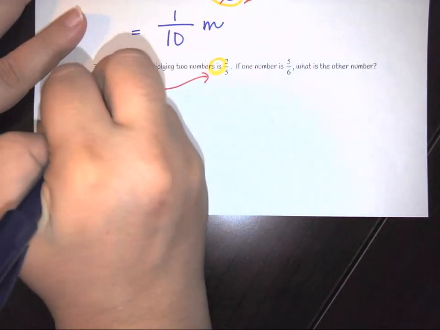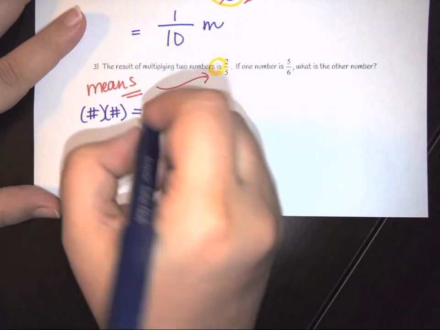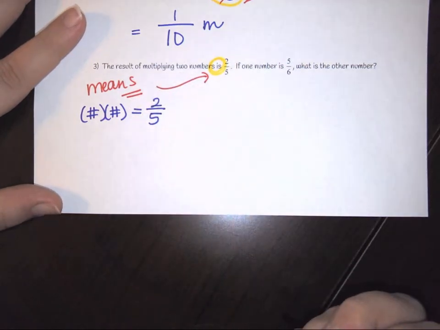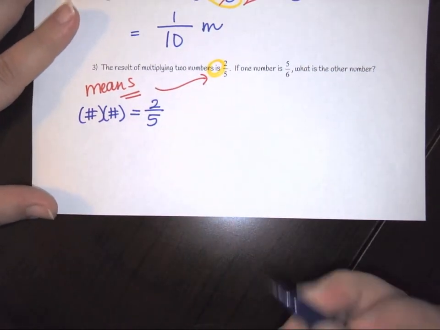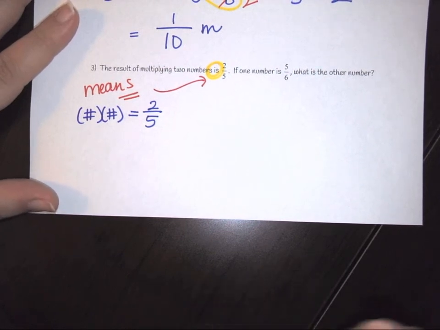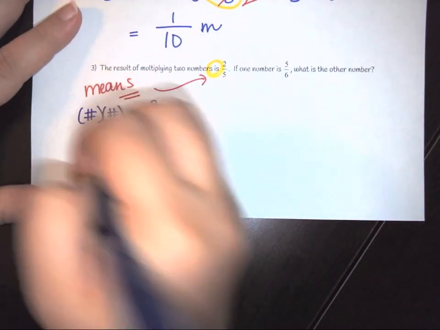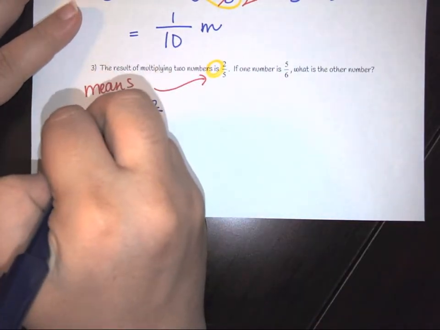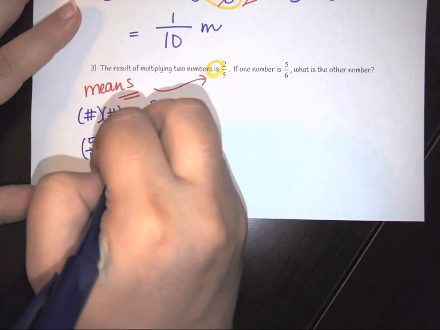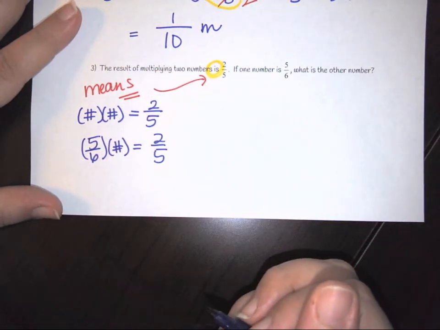So here's my first number, here's my second number, and when I multiply them together, I get 2/5 as a result. So that's what we're talking about. It says if one number is 5/6, then what is the other number? So this means if we look at this, one of my numbers is 5/6. So I have 5/6 times the other number is equal to 2/5. Okay?